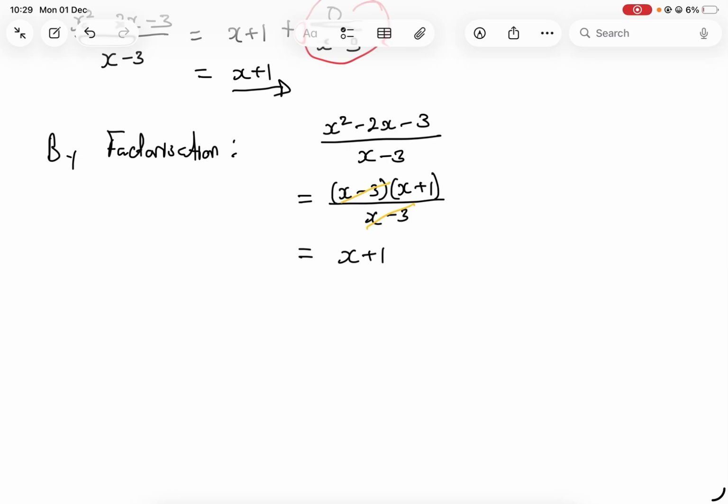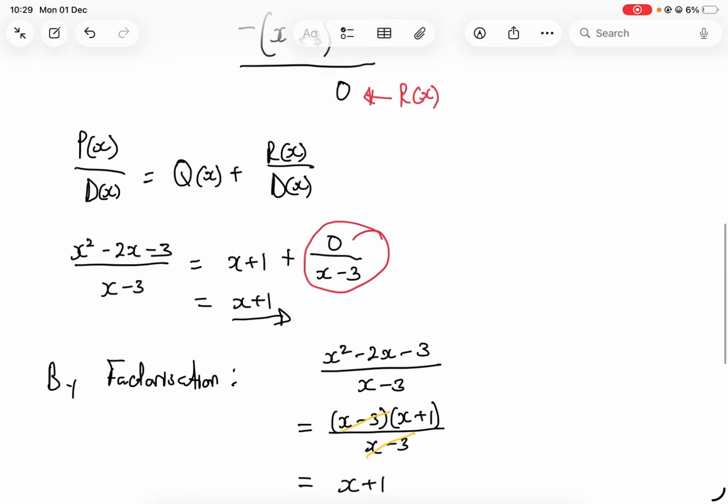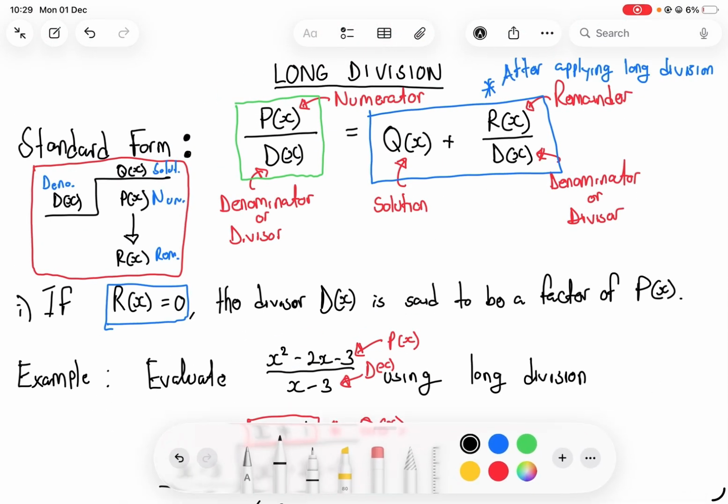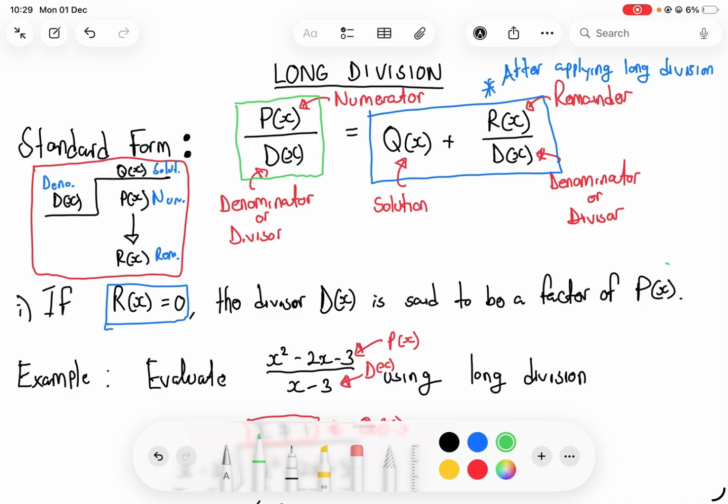Since x minus 3 is cancelling out with x minus 3, the x minus 3 on the numerator is cancelling out with x minus 3 on the denominator, which means we have verified that the denominator is indeed a factor of the numerator because they cancelled out after we had factorized the numerator. So, which means this statement here is indeed true.